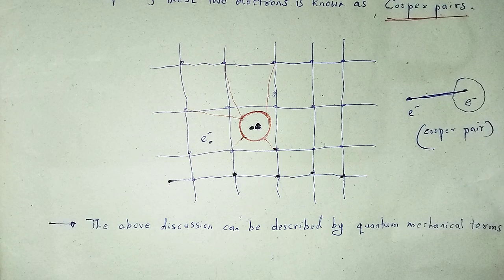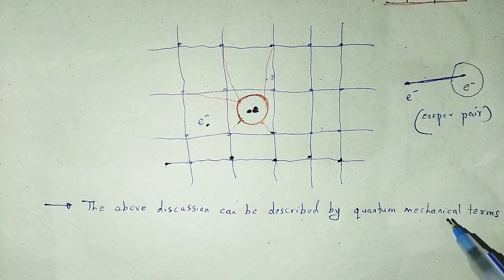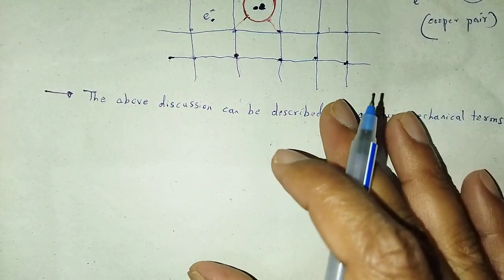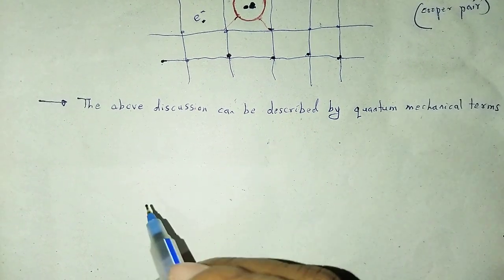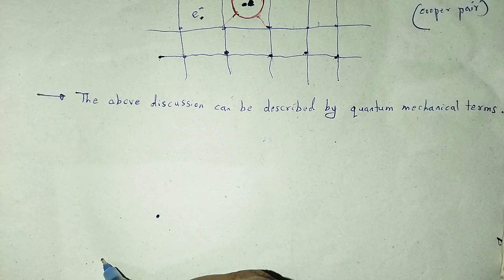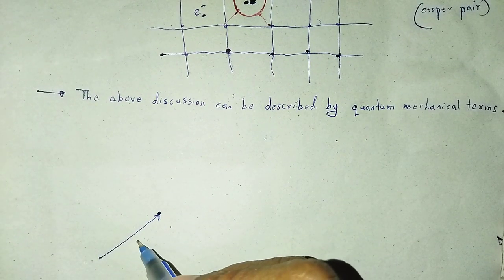In all these discussions, as we discussed electron-phonon interaction and Cooper pairs, we can explain it using quantum mechanical terms. How? In the first situation, the electron is just like a wave with wave vector k.